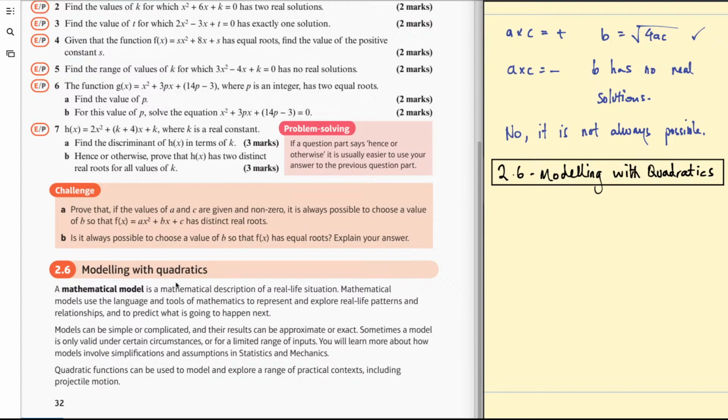Other types of models we use are things like the trigonometric functions to model waves. Waves are all over the physical world. Think about sound waves, light waves, things like that. We generally use the trigonometric functions because they look like a wave. You've seen the graph of the sine wave. The good thing about the sine function or the sine wave is it's periodic, so it repeats, and there's lots of things in the real world that repeat themselves.